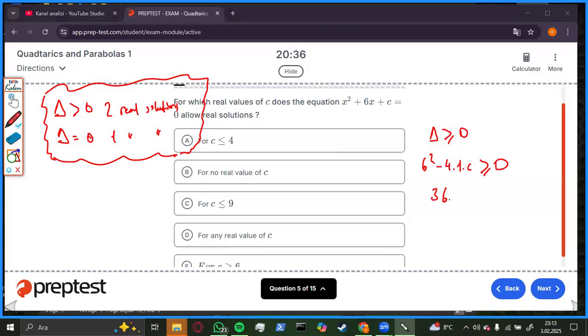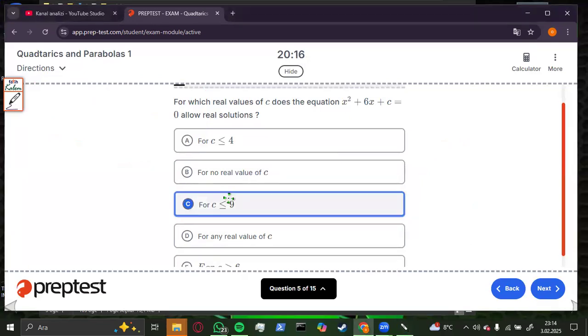So 36 is greater than or equal to 4c. This is the solution for that question. Again, option C is true for this question.